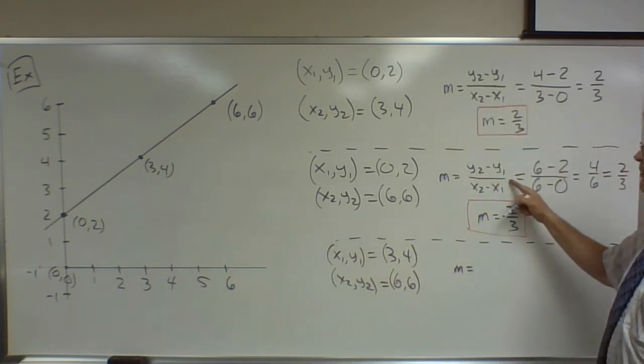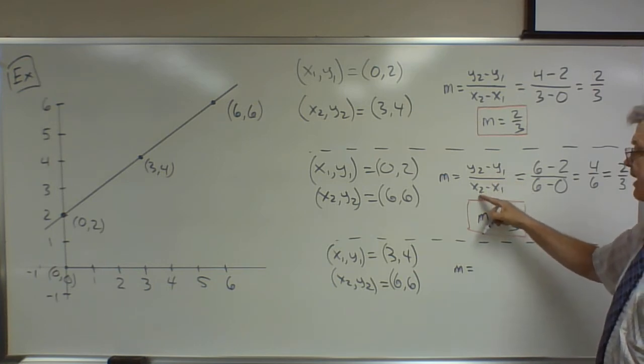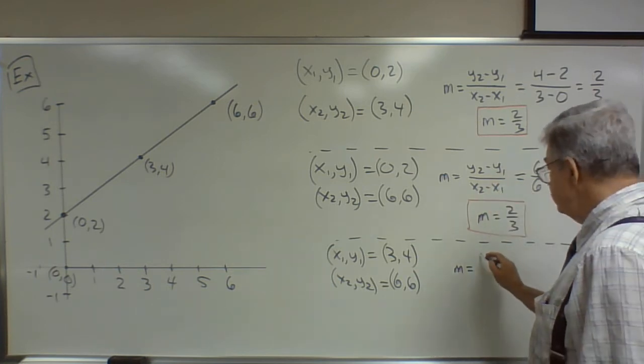And we do our slope formula again, y2 minus y1 over x2 minus x1.